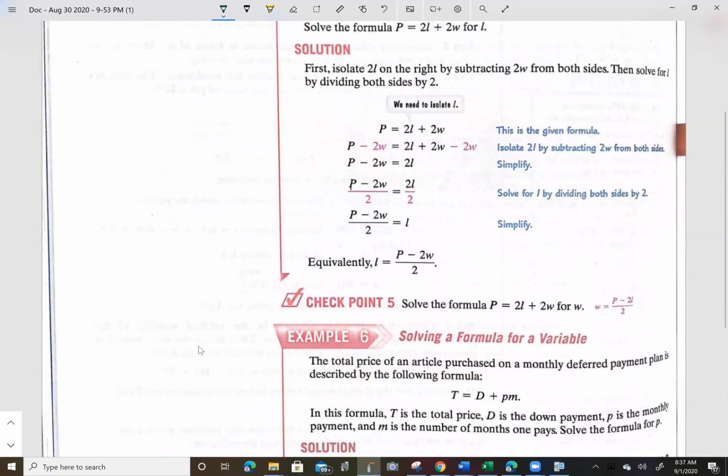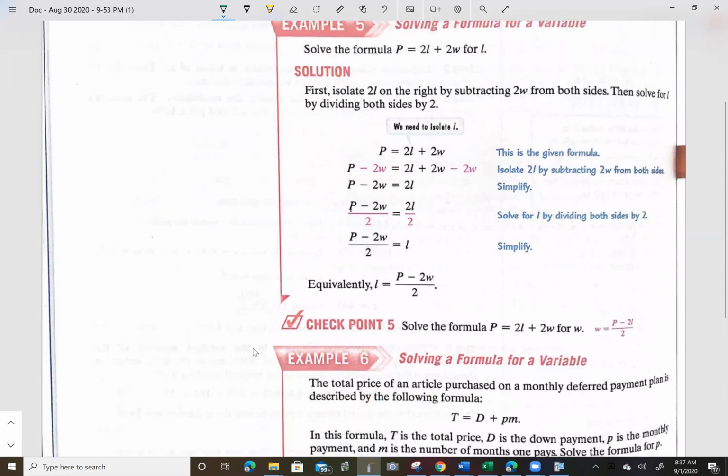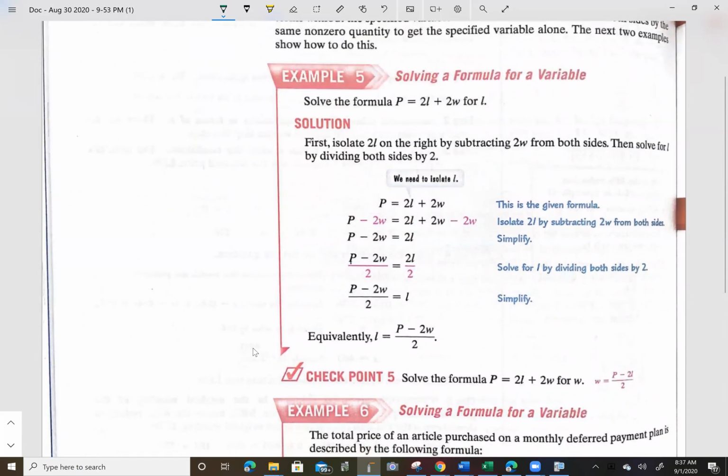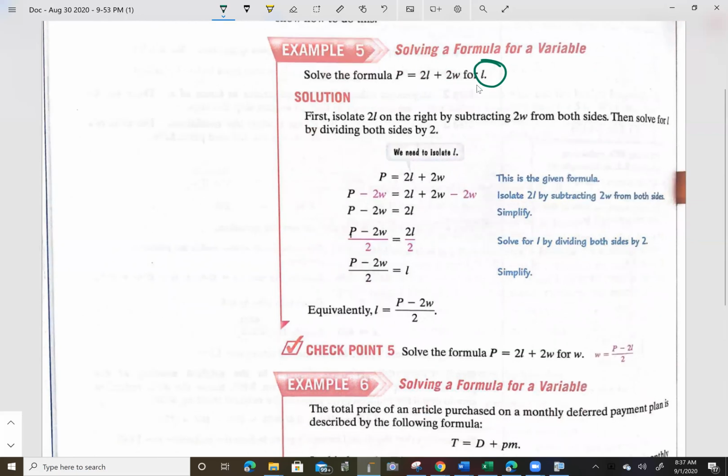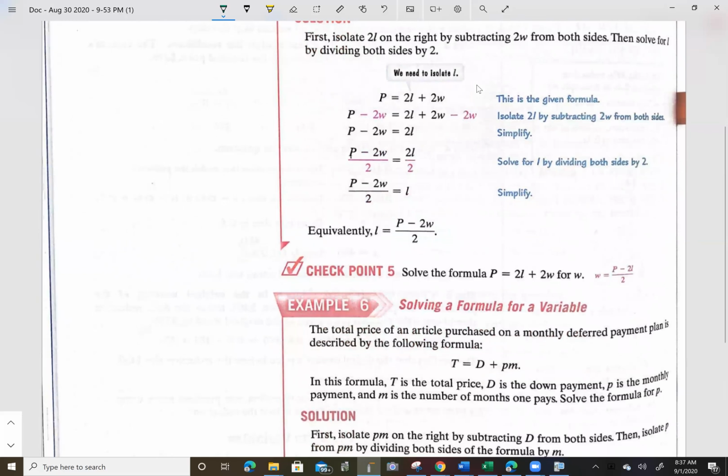We want to solve this for L, for length. So say we know the width, we want to solve it for length. I never really do this because I can just substitute in and still solve for L after I add a number, but this is good to learn, especially for those SAT questions.